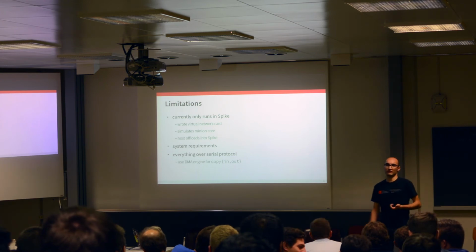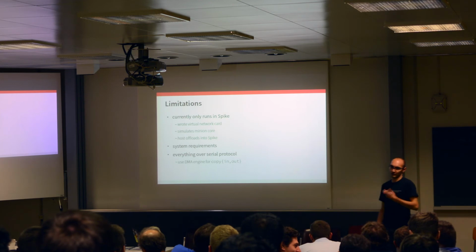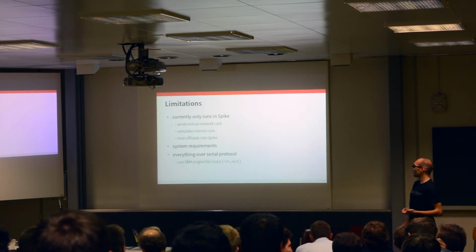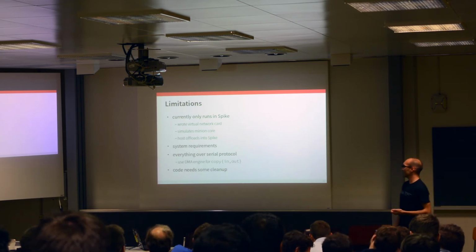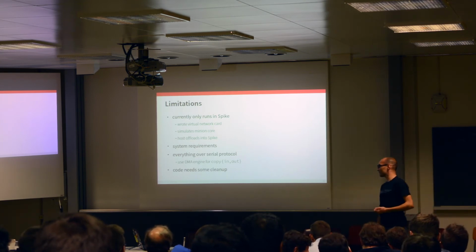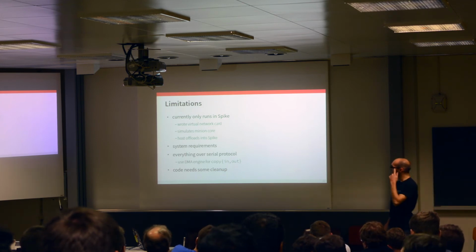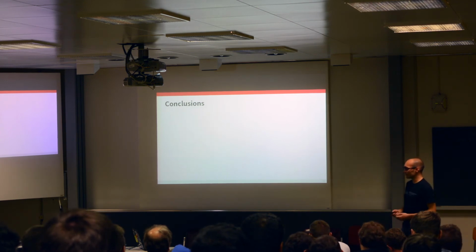Or the other way would be that you would run the offload client in the kernel, and the kernel would translate the virtual address to the physical address. But yeah, that's future work. And the code still needs to be cleaned up, so it's not all upstream yet, but I'll work towards this. So yeah, this already brings me to the conclusions.